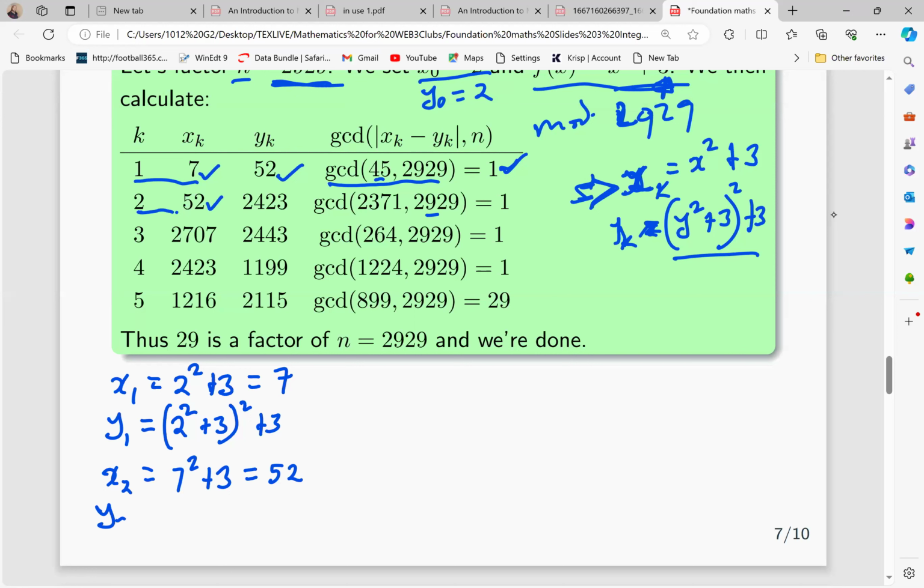What is y1? Y1 is 52. Substitute 52 in this equation of yk. So what that means is 52 square plus 3. Square that result, then add 3 to the result. Do this mod 2929. Our calculator.